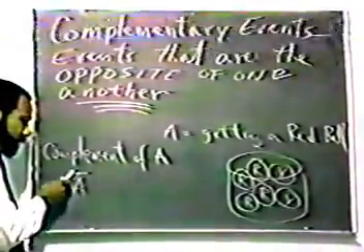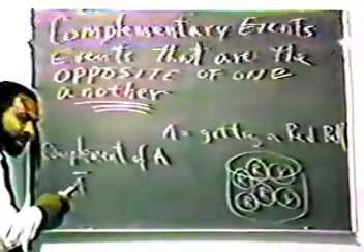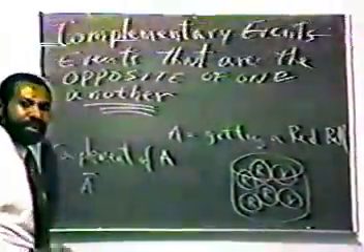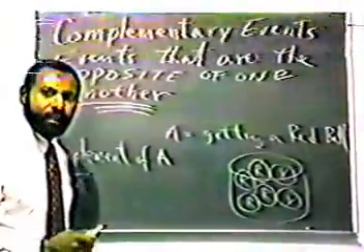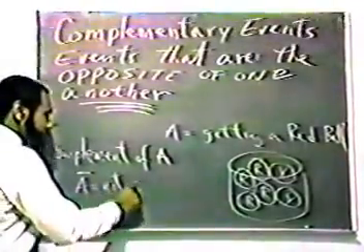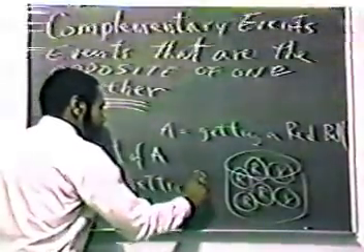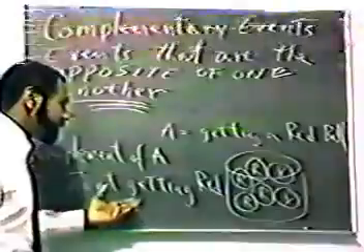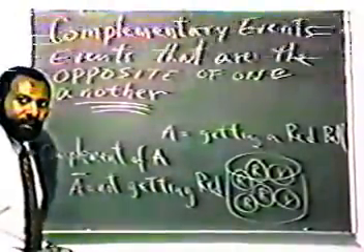Once again, A bar means the complement of A, or the opposite of A. If A is getting a red ball, then the complement of A would be not getting a red ball. So these events are just the opposite of one another.